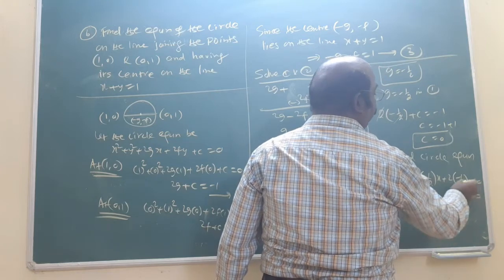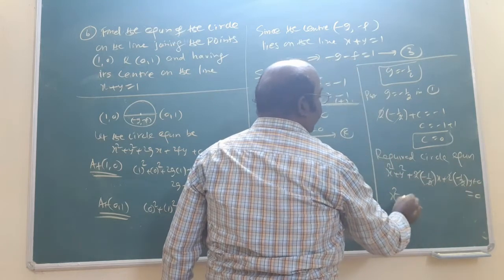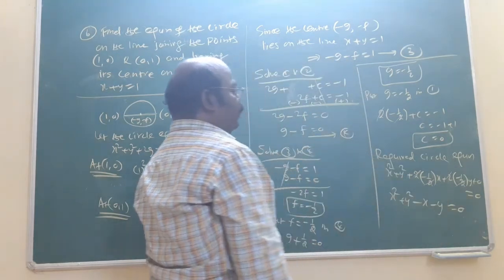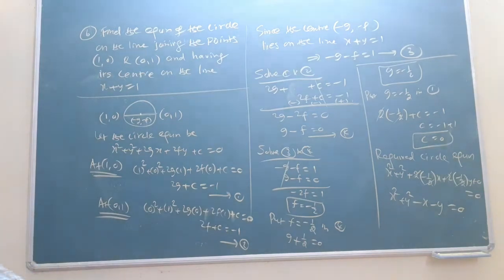The 2 cancels. Therefore, x square plus y square minus x minus y equal to 0. This is the answer. In both of these we use the same method: form the equations, then solve the equations, and we get the circle equation. These two questions are very, very important for a 5 mark question.